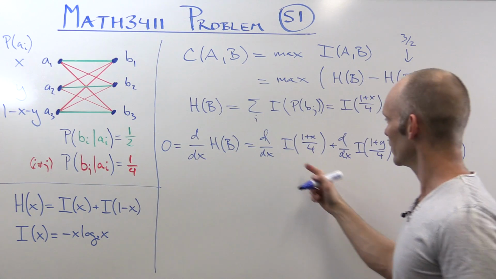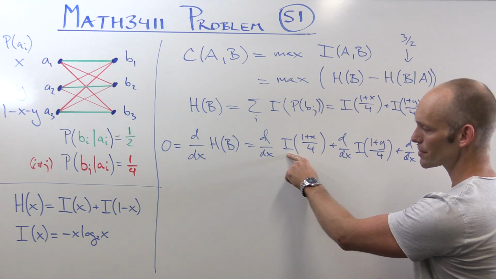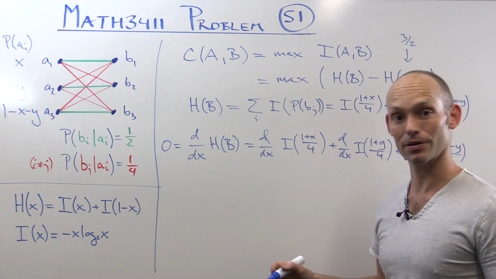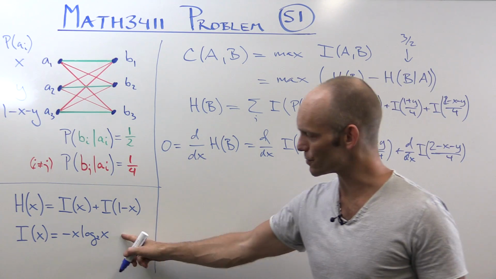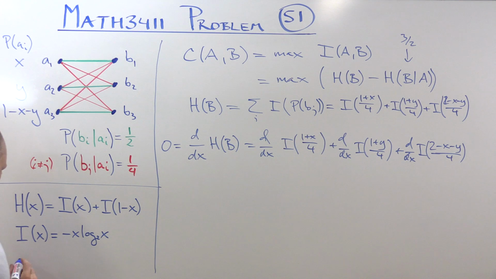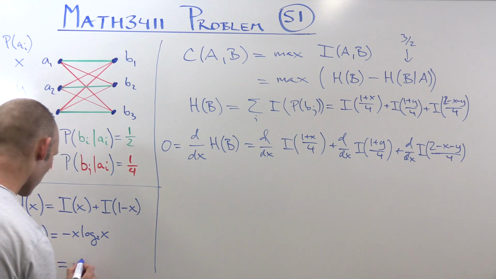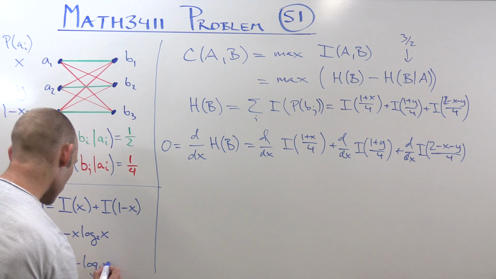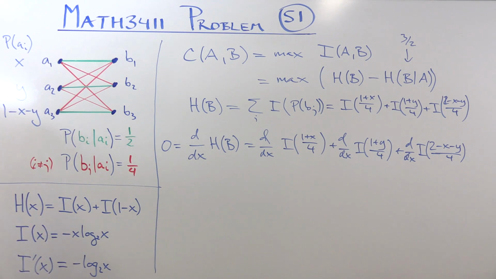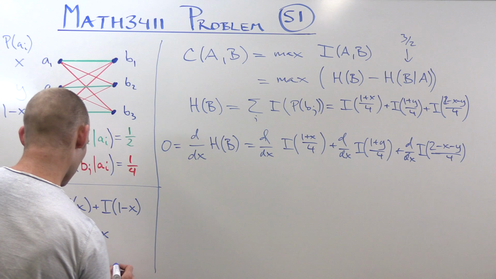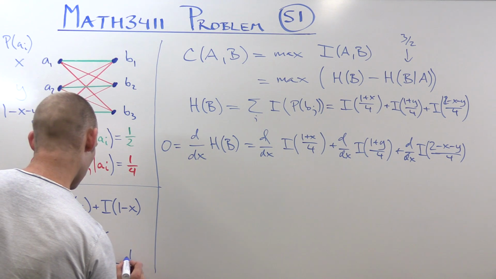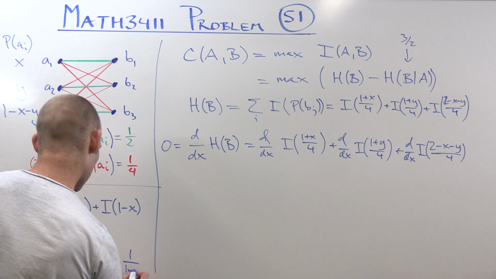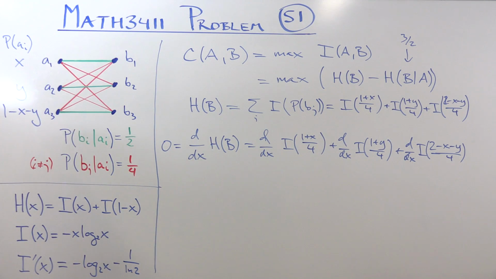Now, if we differentiate this information function here, we get this function here. So we first differentiate x, that leaves us with minus log 2 of x, and then we differentiate the logarithm, and then we just get minus 1 over ln, or the natural logarithm of 2.